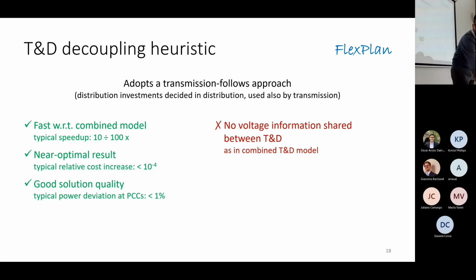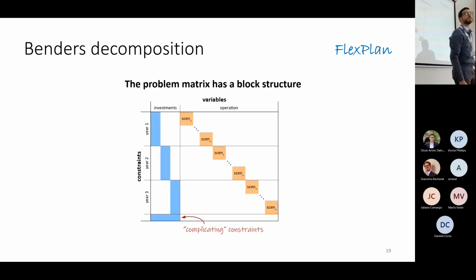Okay, last topic is about the Benders decomposition implementation, but I'll start by talking about why it is interesting in this kind of planning problem. This is the problem matrix, which has the variables on the columns and constraints on the rows.